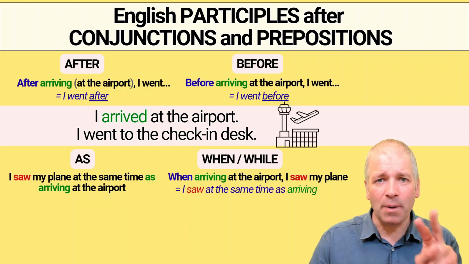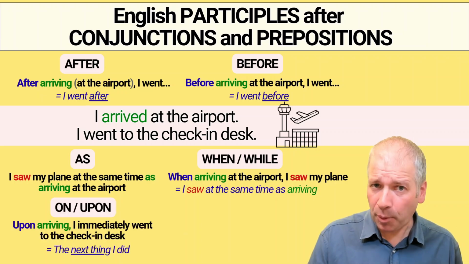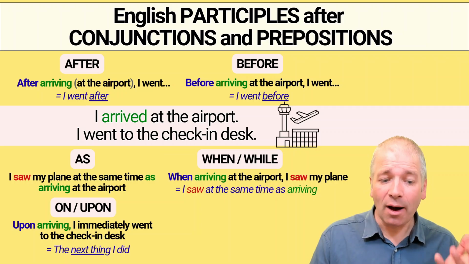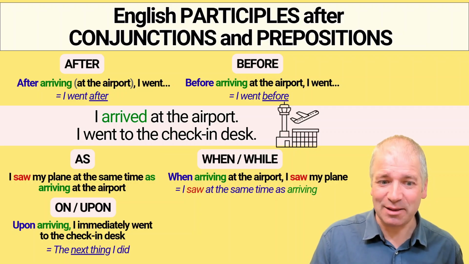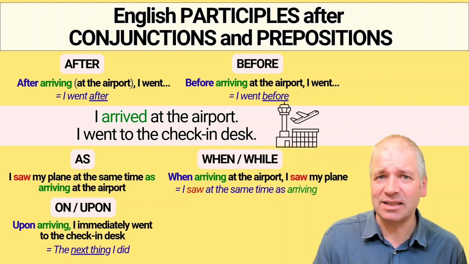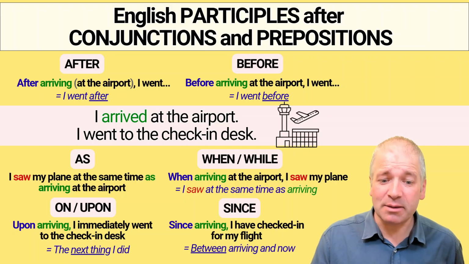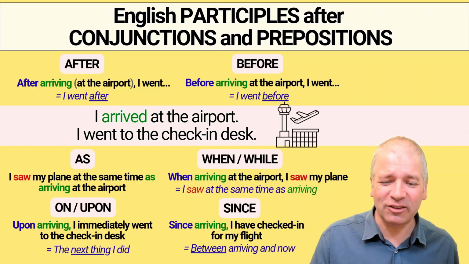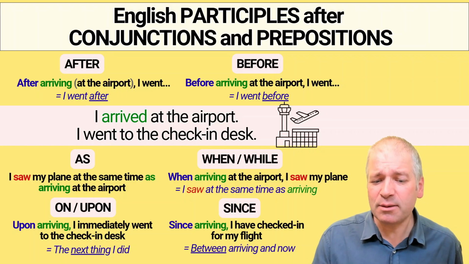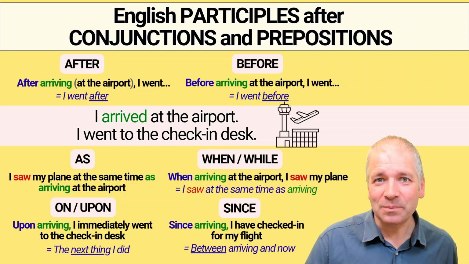Saw and arriving both happened at the same time. And on and upon. Upon arriving, I immediately went to the check-in desk. Upon arriving means the next thing I did comes after this. And since. Since arriving, I have checked in for my flight. Since arriving means between arriving and now.